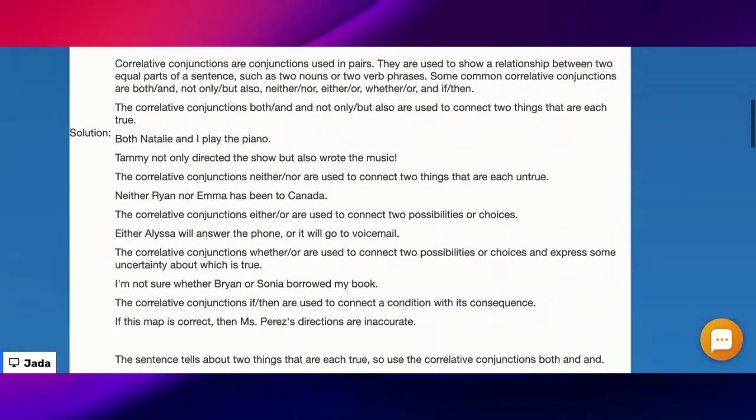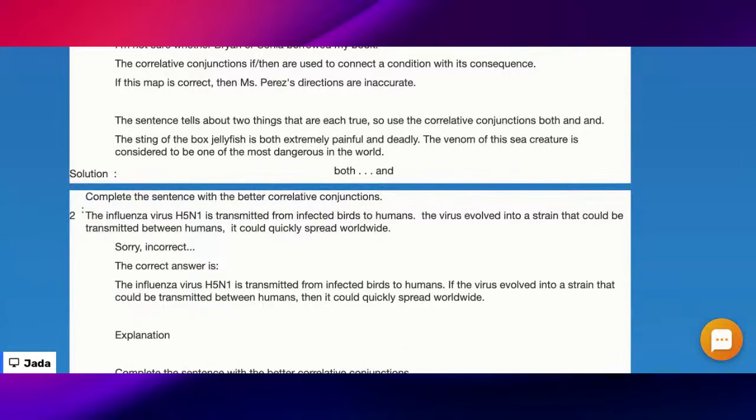And then we also have: the influenza virus H5N1 is transmitted from infected birds to humans. Dash, the virus evolved into a strain that could be transmitted between humans, dash, it could quickly spread worldwide.